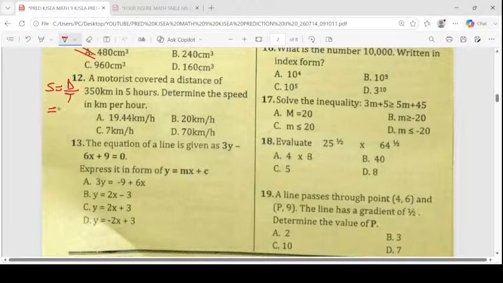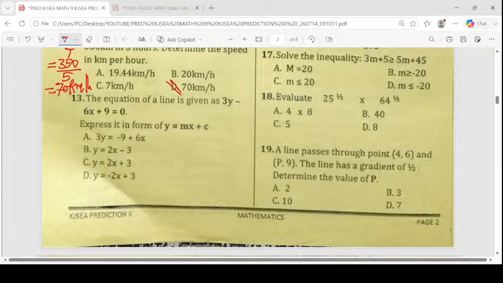So the distance here is 350 kilometers. So we have 350 divided by the time of 5 hours. This exactly gives you 70 kilometers per hour as the speed. 70 kilometers per hour, which is choice D for dog.